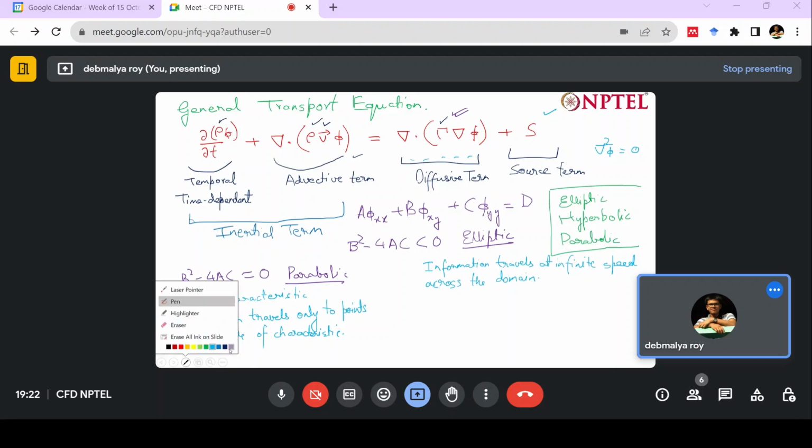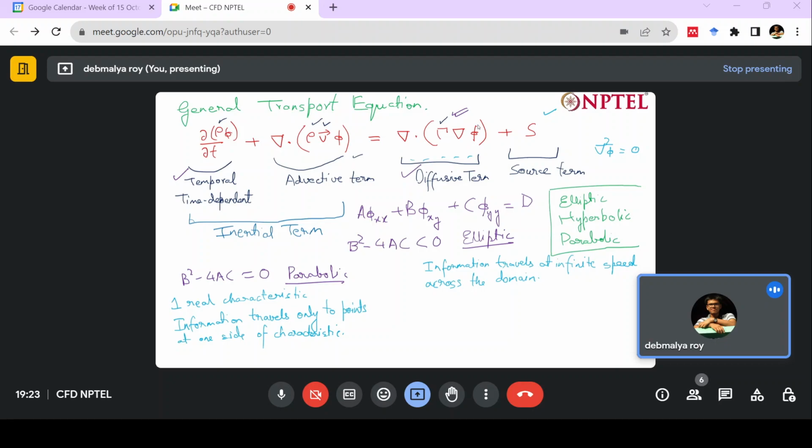Let's say you have only the temporal term and the diffusion term. Then you will have some initial conditions with time. At the initial condition, let's say t is equal to 0, there is a spike in the concentration phi at some point. That concentration spike will be felt at t greater than 0.